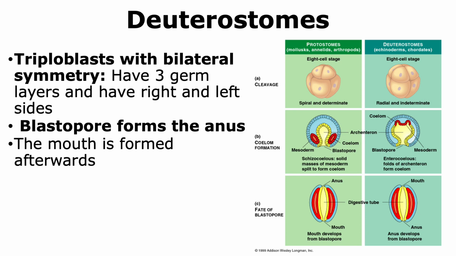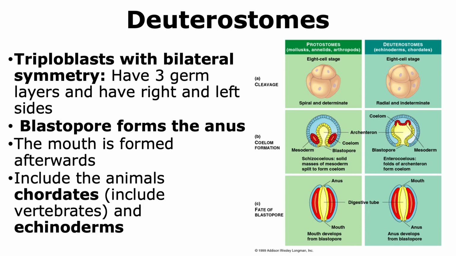Now, to show the differences between protostomes and deuterostomes, let's look at the figure that's shown to the right. If we look at the middle panel, where it says coelom formation, in the case of the protostome, as well as in the deuterostome, we're actually seeing the positioning of the mesoderm, the endoderm, and the ectoderm during embryonic development. Now, in the case of protostomes, we can see where the blastopore is formed, and the blastopore is also formed in a similar region in the deuterostomes.